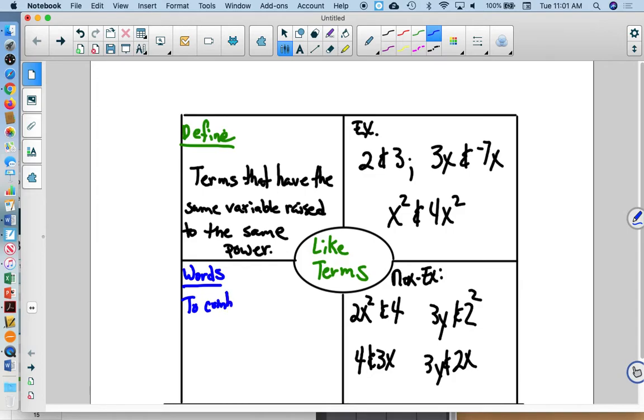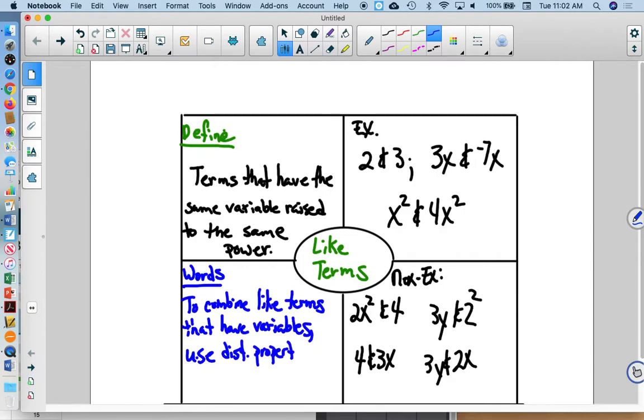So to combine like terms that have variables, use the distributive property to add and subtract the coefficients. Add and subtract the coefs.